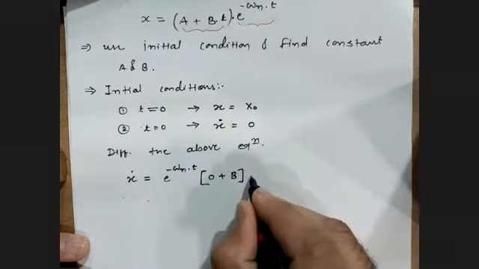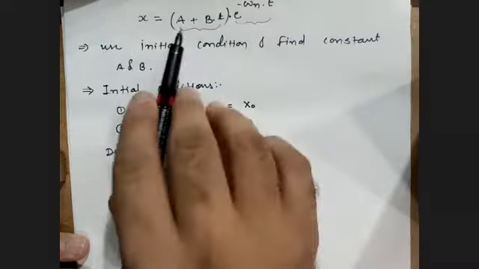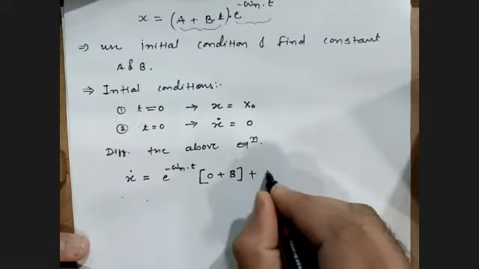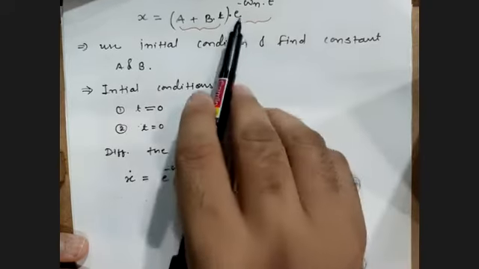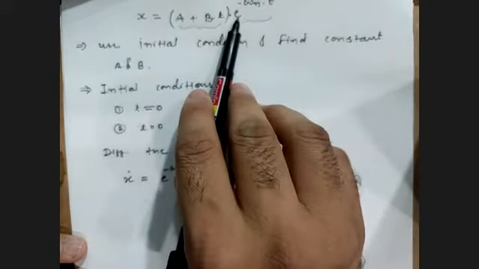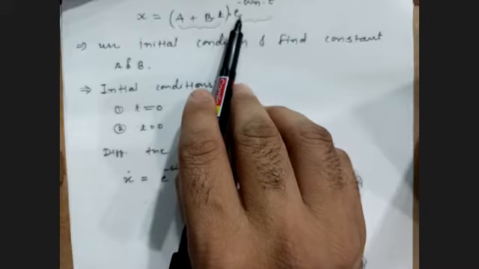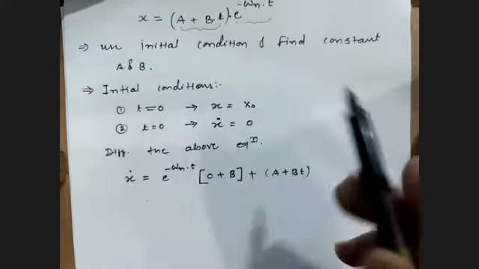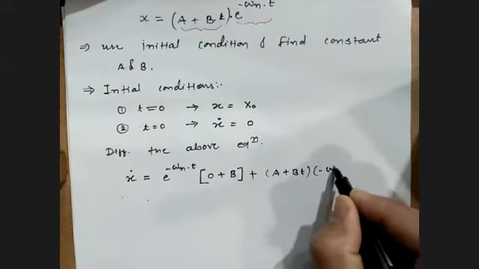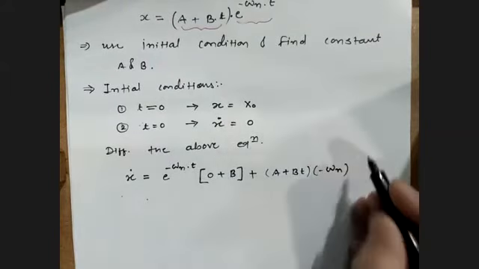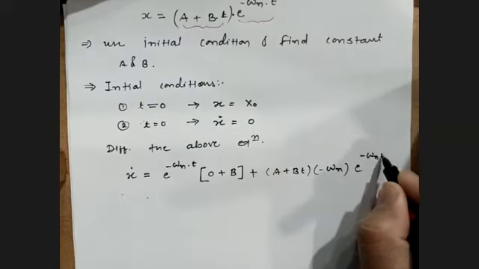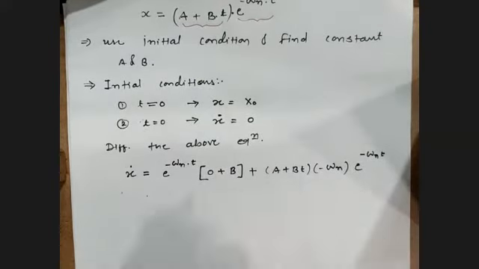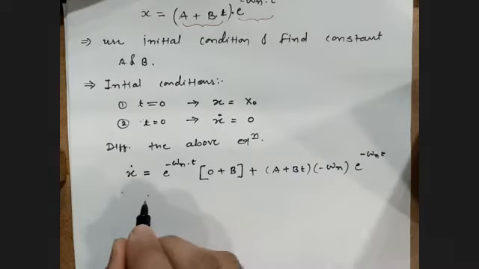Now plus, we'll keep this part constant. So a plus bt is constant, and we differentiate the exponential term. What do we get? Minus omega n comes in front, and e raised to minus omega n t stays as it is. Let us simplify this.